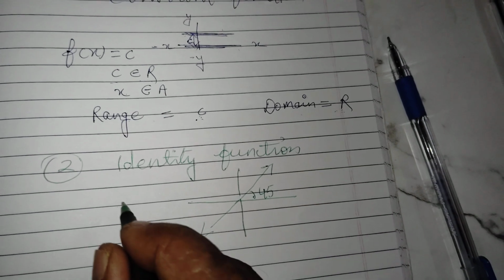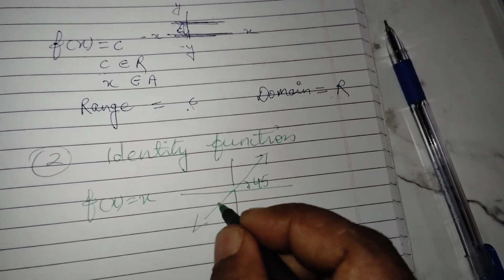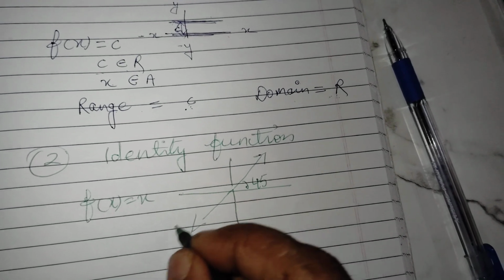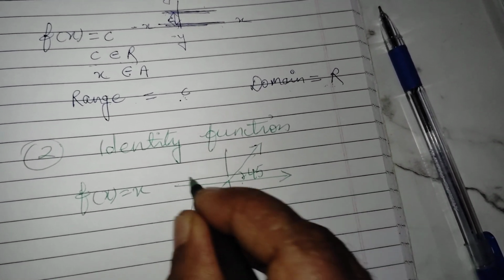So for the identity function f of x, suppose we are taking x, so its graph is f of x equal to x. The graph is this line that makes a 45 degree angle with the x-axis.